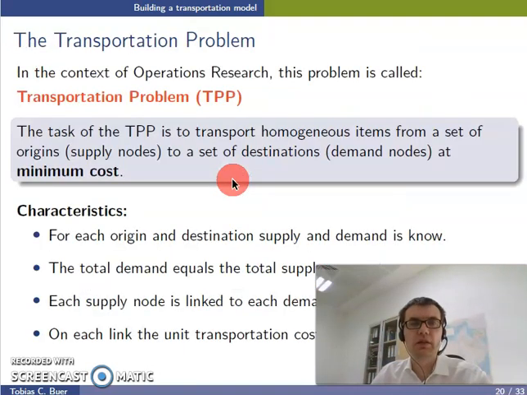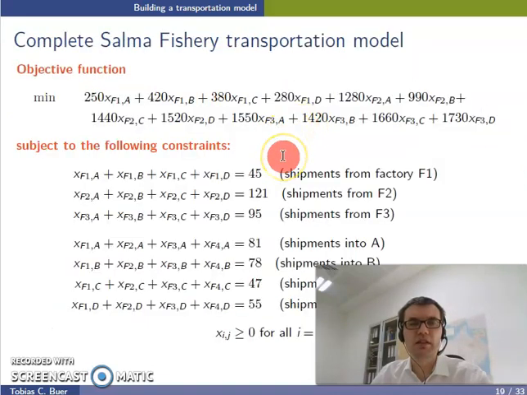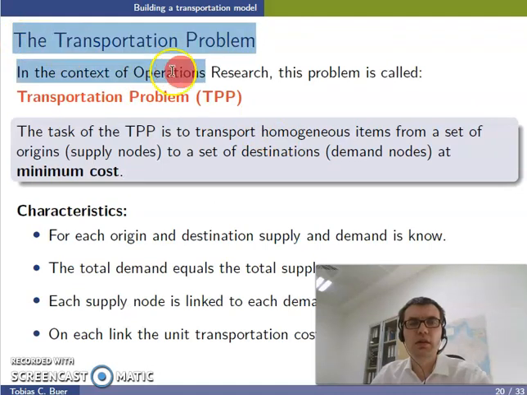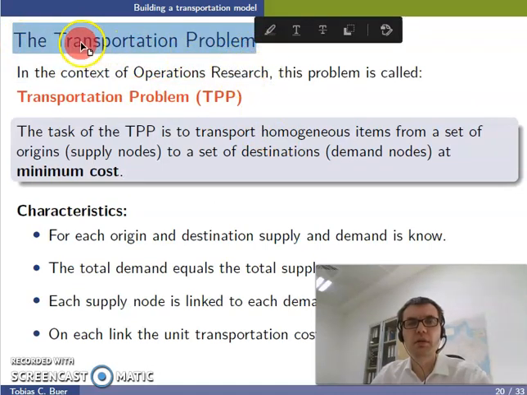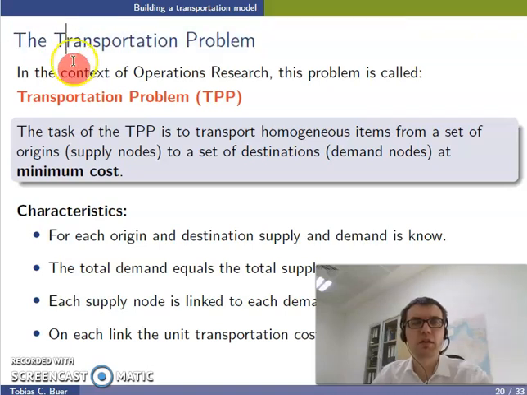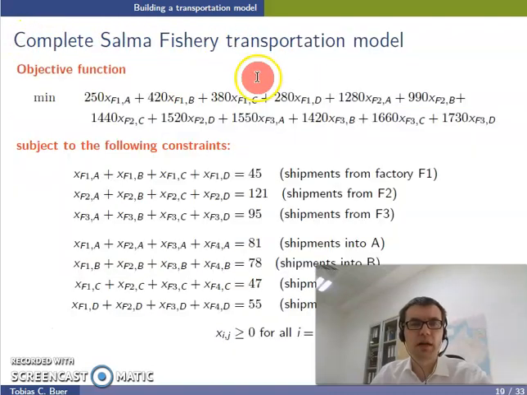Now, a problem that follows this structure is called the transportation problem. So again, let me repeat what I told you in the beginning of this lecture. When I speak of the transportation problem, I'm talking about a problem that follows basically this structure.